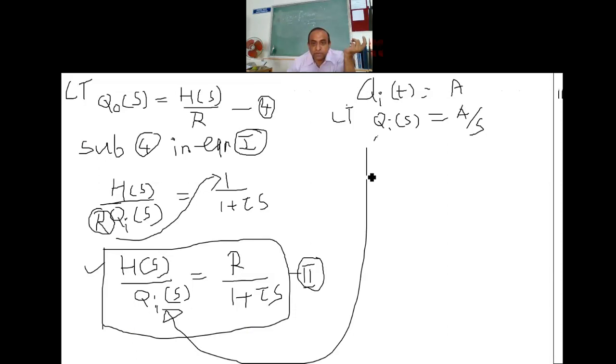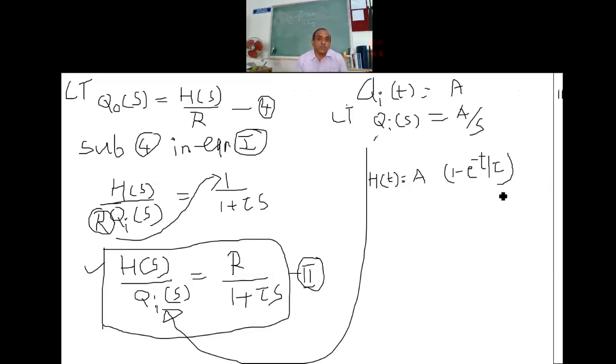What do you get as the final expression? You get H of t. I'll not solve it here; I'll write the final expression. H of t equals A. If you remember, we have got it for thermometer, 1 minus e raised to minus t by tau.